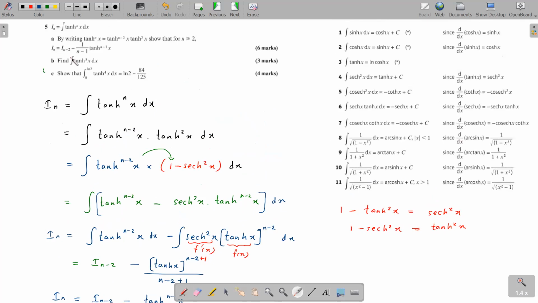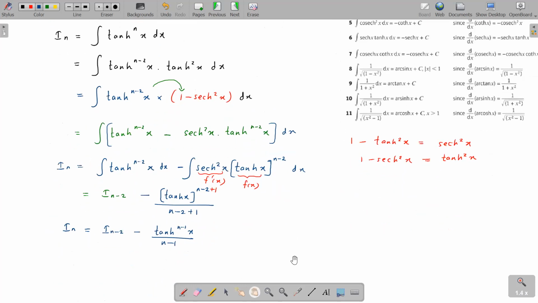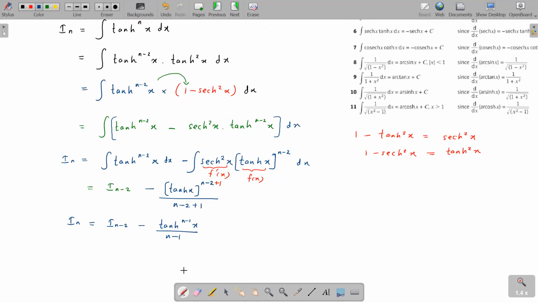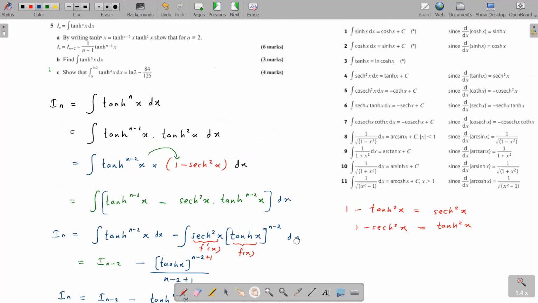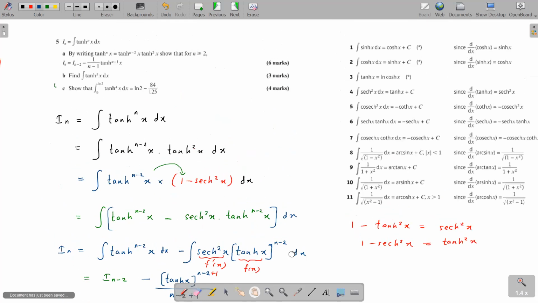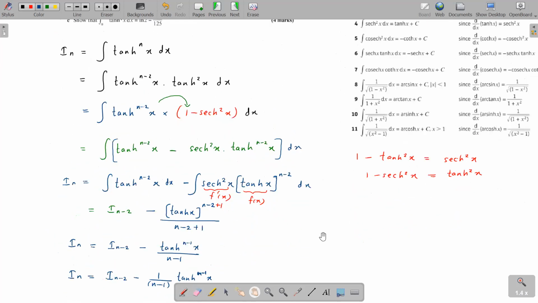I n equals I n minus 2 minus 1 over n minus 1 tan to the power n minus 1 x. Basically this is the same thing, they've written it as 1 over n minus 1. Do you see? So that's our show that. So 6 marks for this.